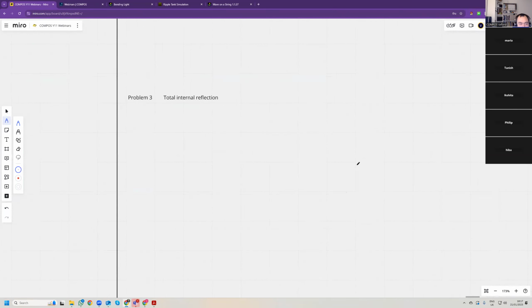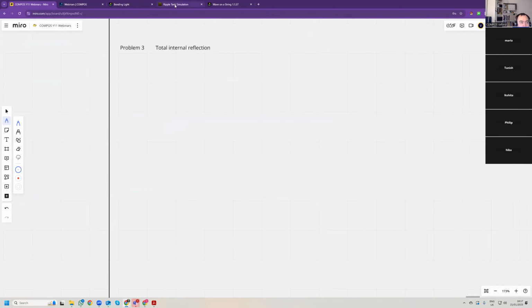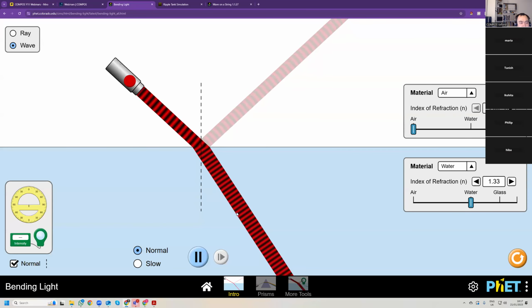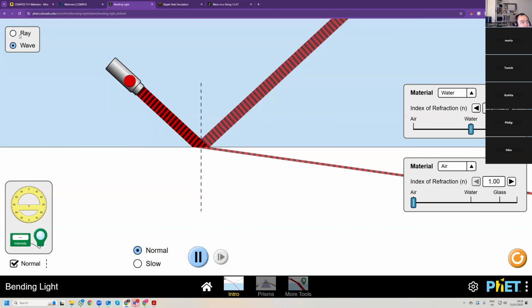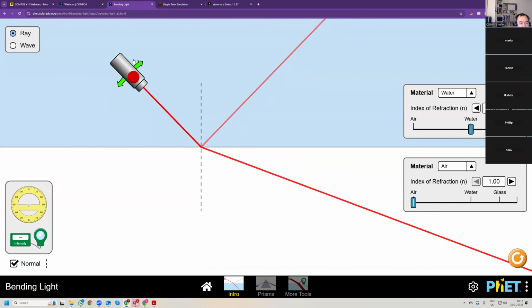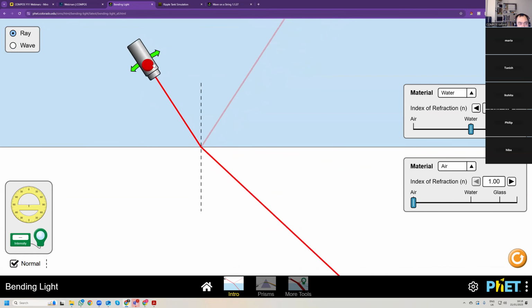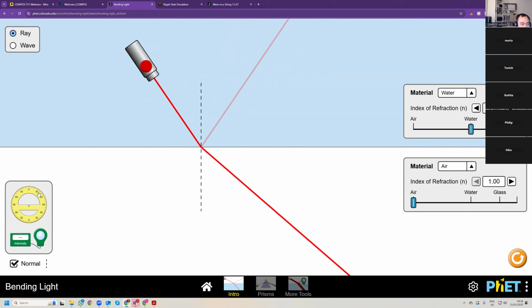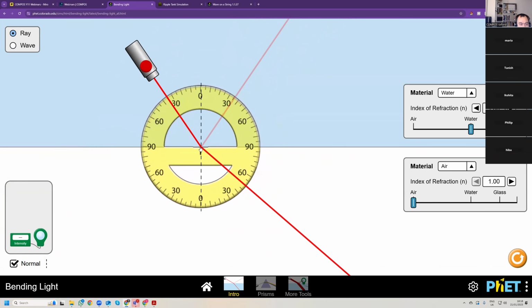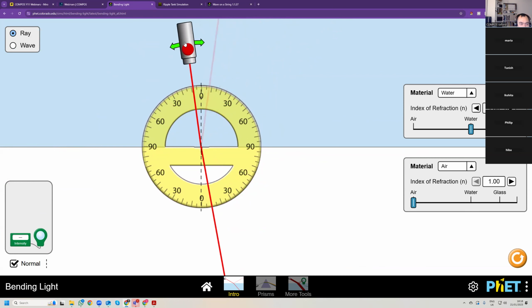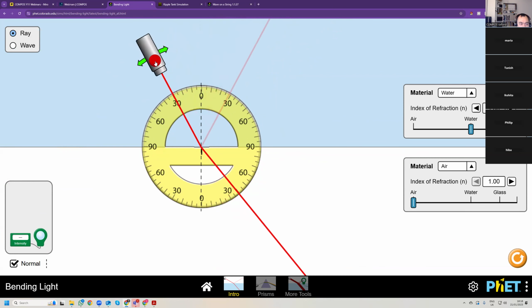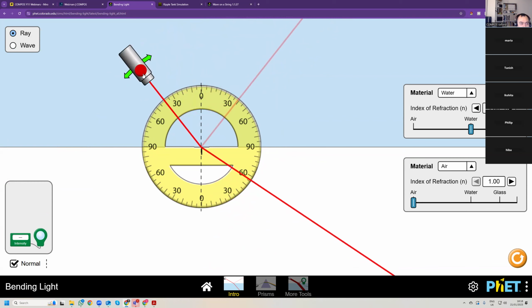Total internal reflection occurs when you're traveling from water to air, for example, from a denser material to a less dense material, air. And if you start increasing the angle of incidence, so the angle of incidence is 0, 10, 20, 30, 40.